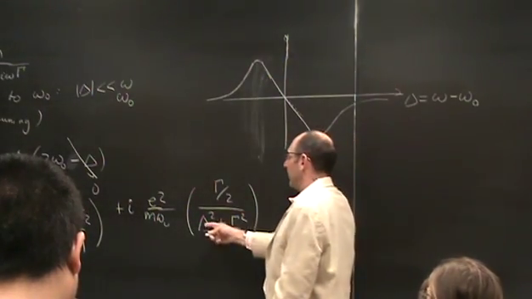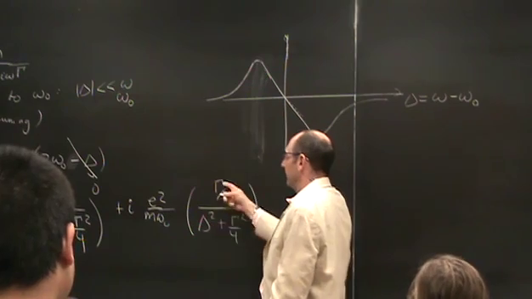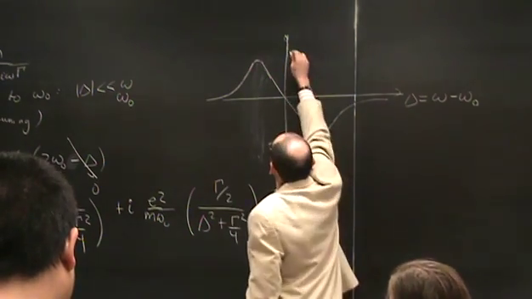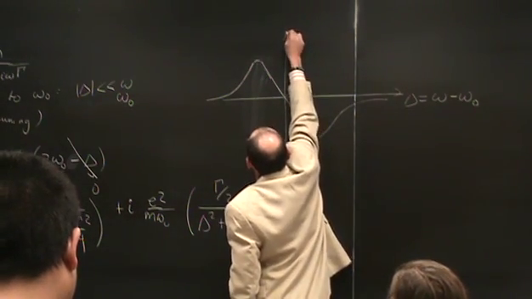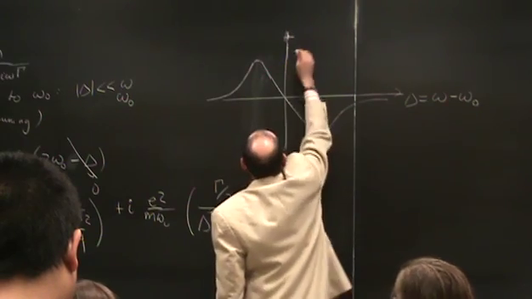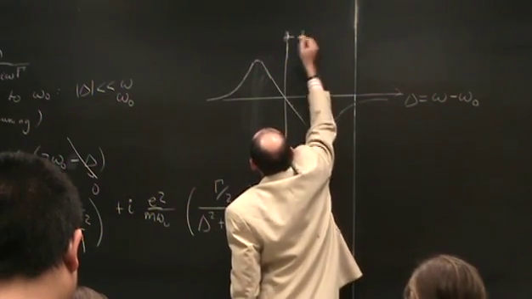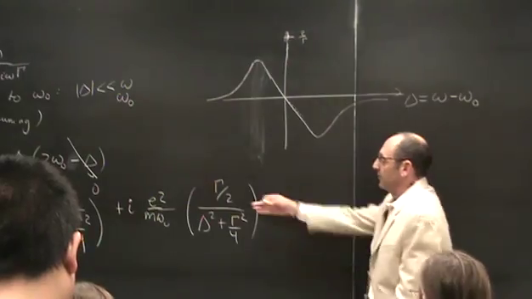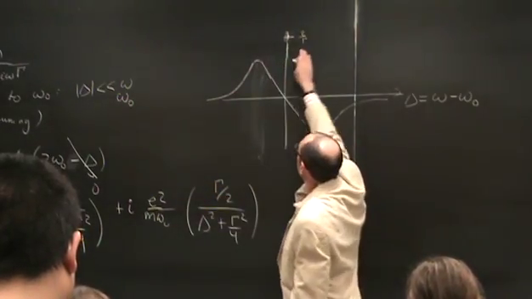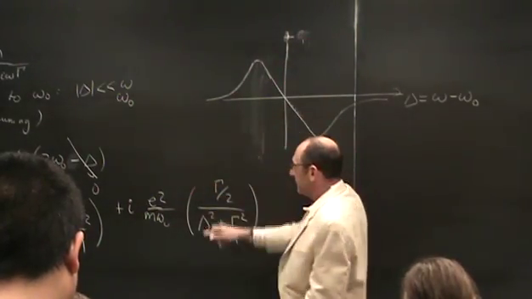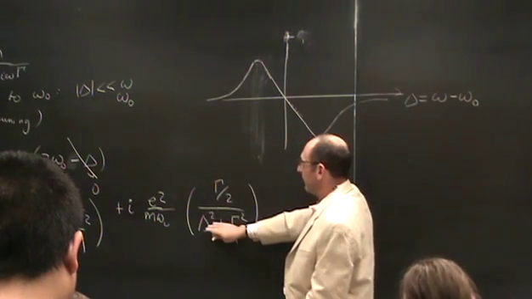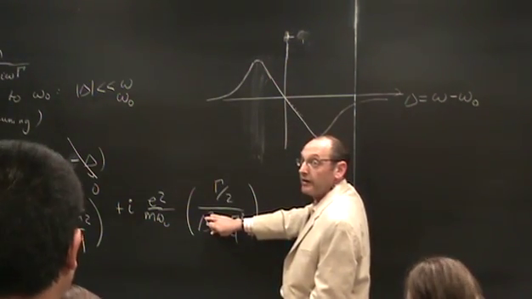This function, when delta is small, is some constant. That constant is 2 over delta times whatever this thing is. It's got some constant value, it doesn't really matter what it is. And then when delta is really big, it falls off like 1 over delta squared.